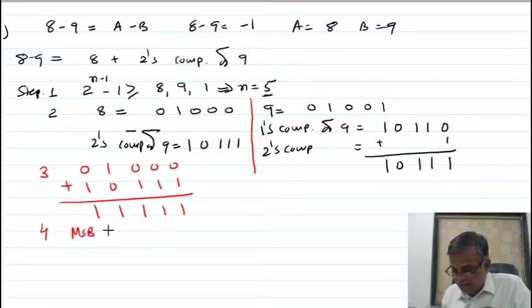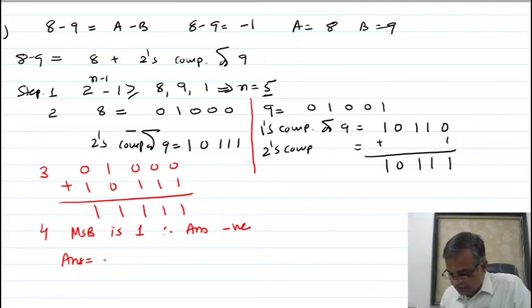MSB is 1. Therefore the answer is negative. So the answer is equal to negative of the 2's complement of 1, 1, 1, 1, 1.